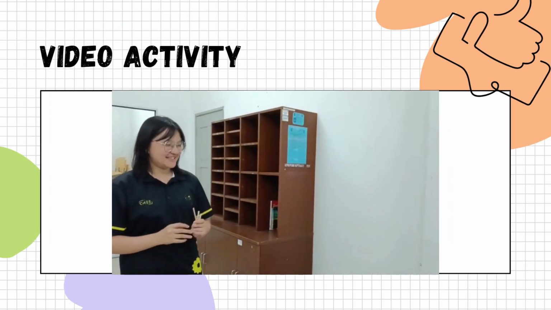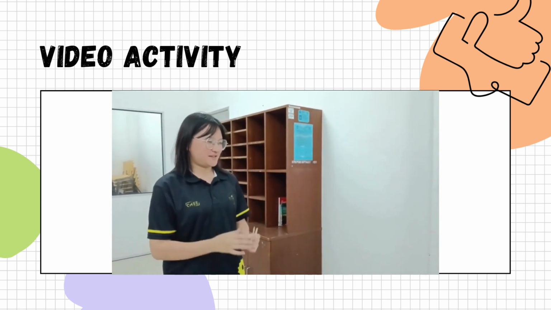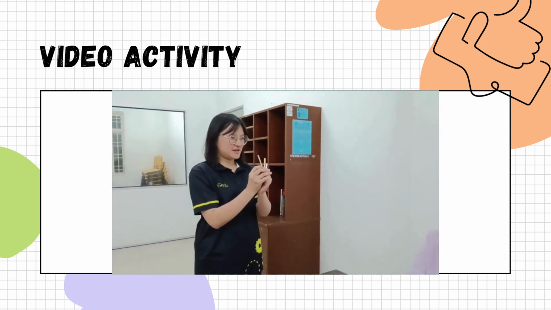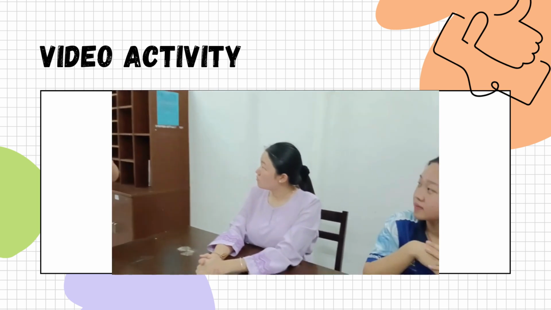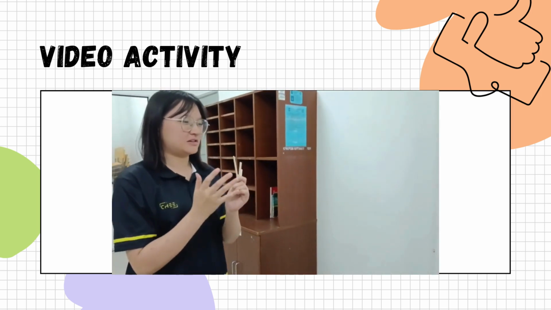Good day, everyone. Okay, today we are going to play mathematics games. So everyone can see the stick on my hand. Is that they have any difference? Yes, good. So is this stick can become to form a triangle?